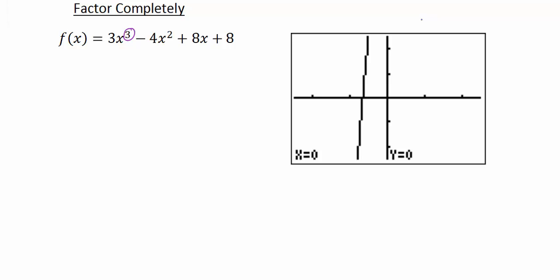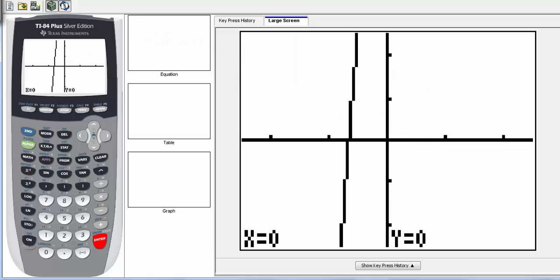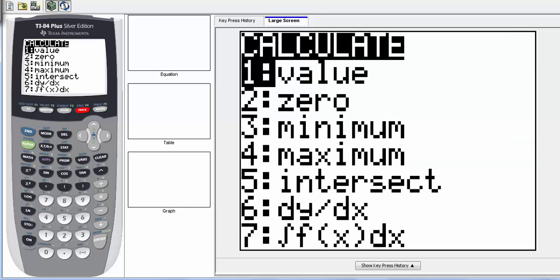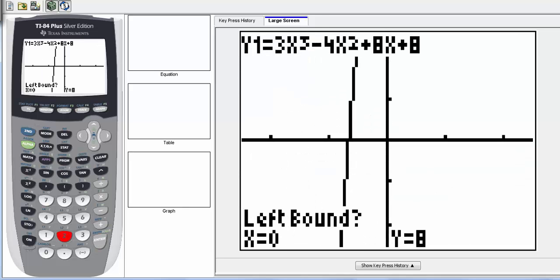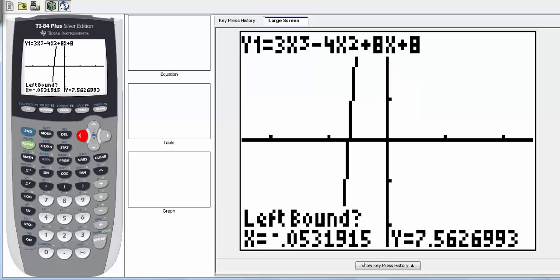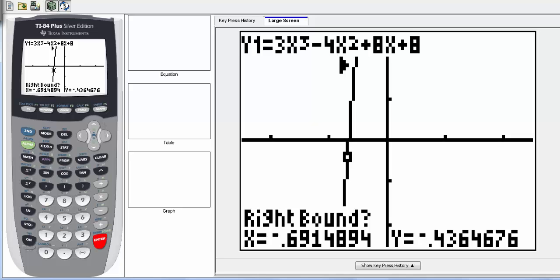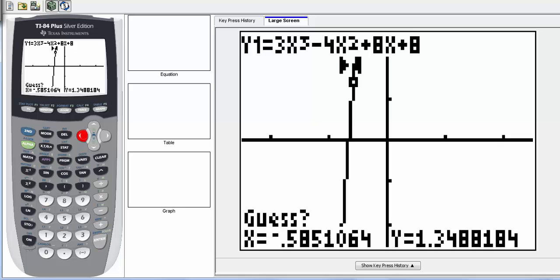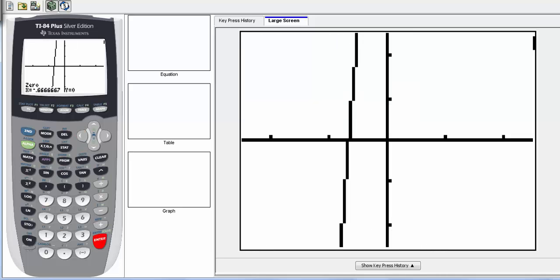All right, so we know that we need to find this particular zero. So if we go to the calculator, we can go second trace, number 2 is zero. We can set our left bound. See if we can find the cursor here. There it is. If we set our left bound and then we go over here to the right and set our right bound and then we guess.